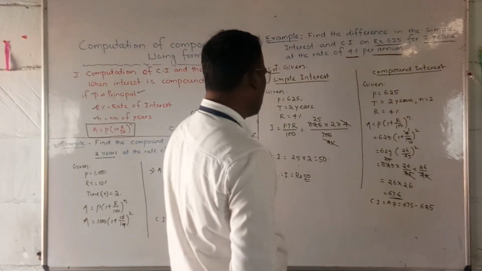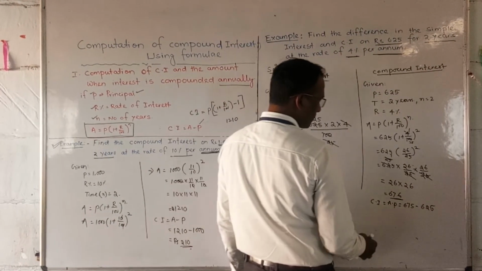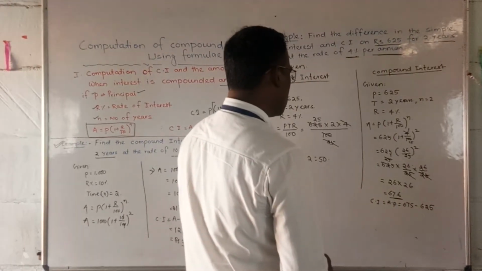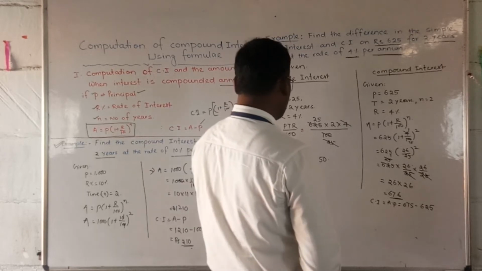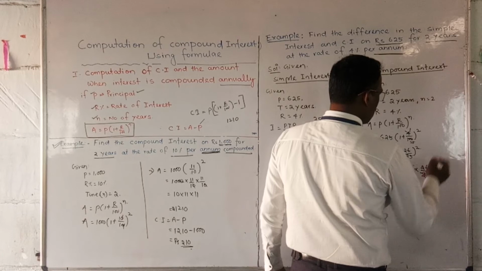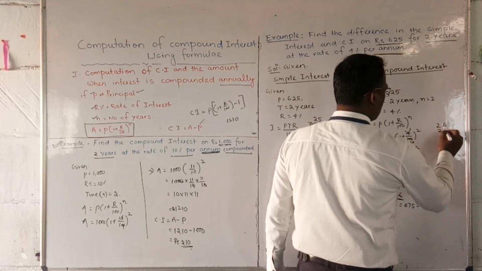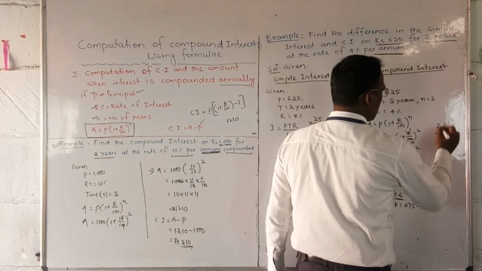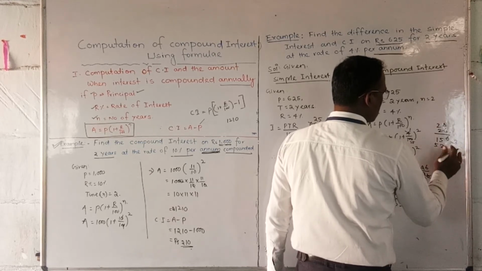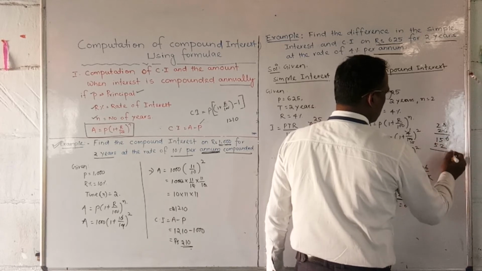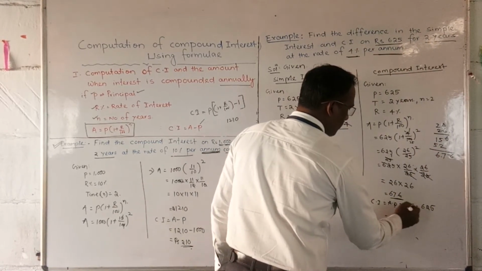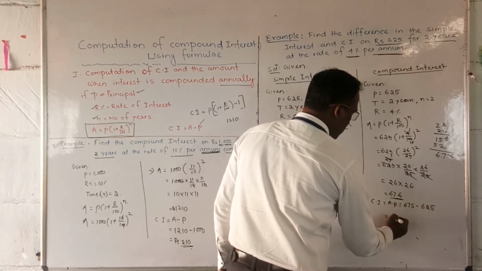What is that? 676 minus 625, if we subtract, the answer we are also getting 50.